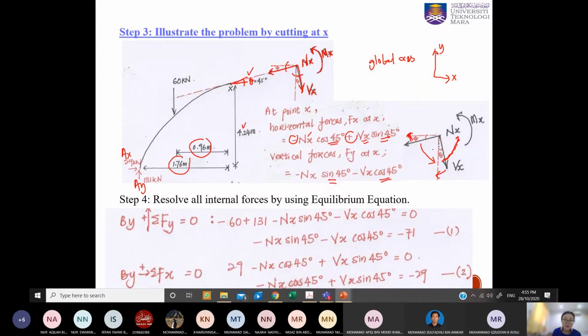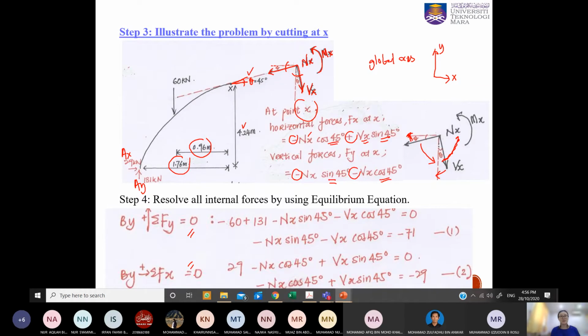Both of these forces will resolve downward, therefore you have a negative here. So now you have two forces acting at this point x. What we can do here is take a summation Fy equal to 0, and then a summation Fx equal to 0.